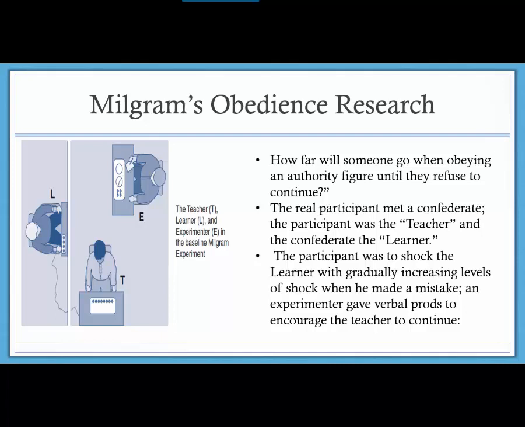And the experimenter's job there was to provide that direct request or direct demand that the teacher keep going. So that's how we get to the obedience part, right? The experimenter is basically telling you, the teacher, to keep administering this shock. And so they wanted to know, to what extent do people obey?